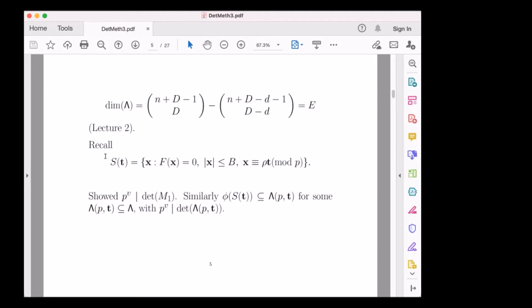So we split the points up according to the different values of t, and st then gets mapped to this sublattice lambda pt inside lambda inside z to the k.